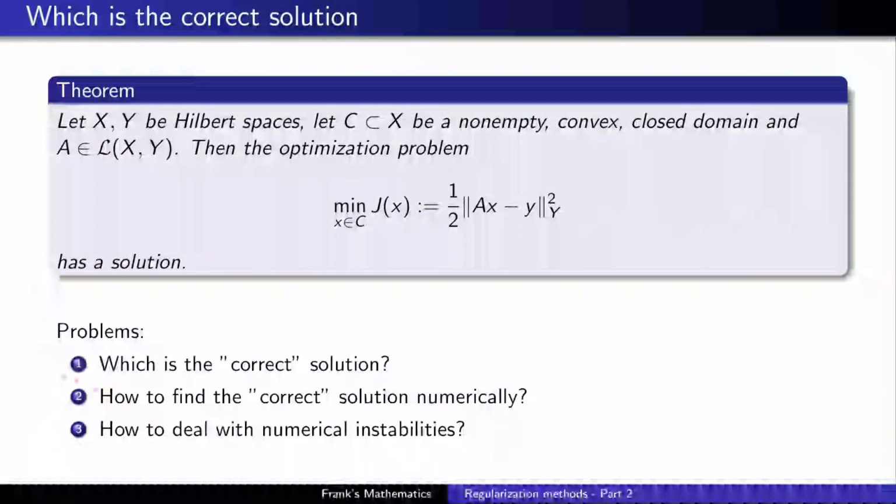And number 2 is, how do we find this minimal norm solution, or the solution with the smallest amount of energy? And this is now governed by the idea of the Tikhonov regularization method.